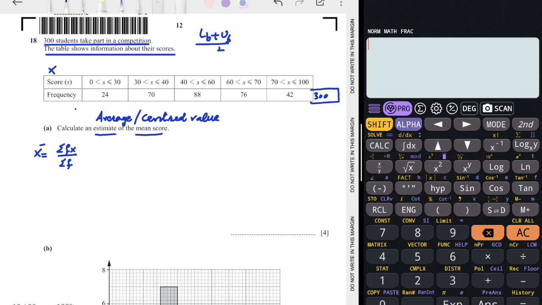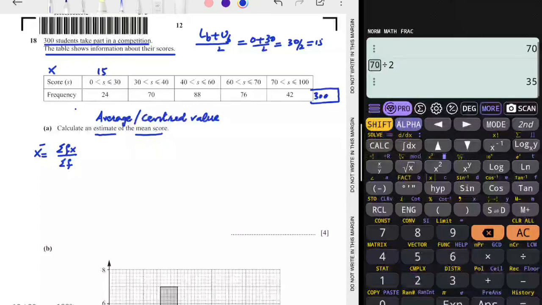It will be 0 plus 30 divided by 2. It will be 30 divided by 2, 15. In the same manner, we have to find the mid values of the remaining intervals. The next mid value would be 30 plus 40. We can use a calculator for this. This is 70 divided by 2 and the answer is 35.